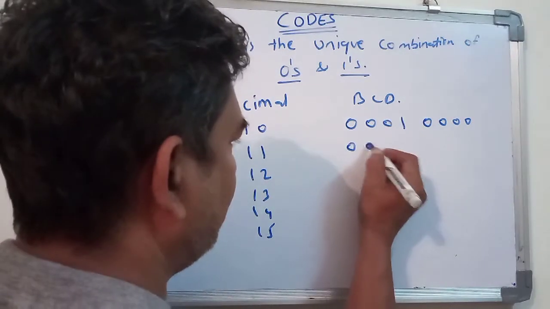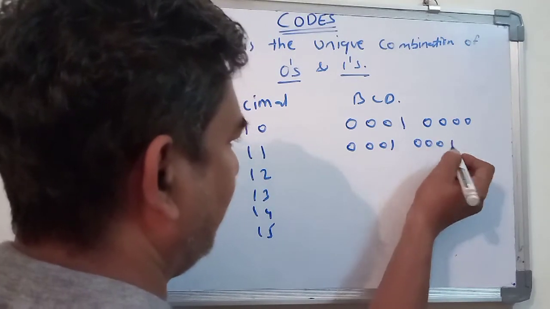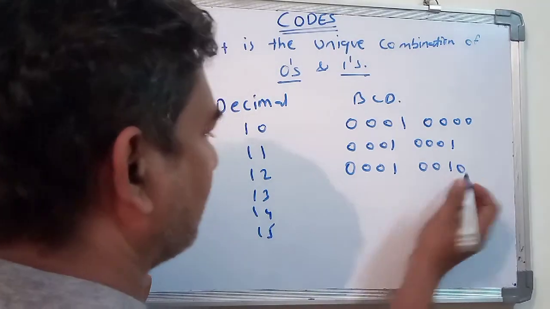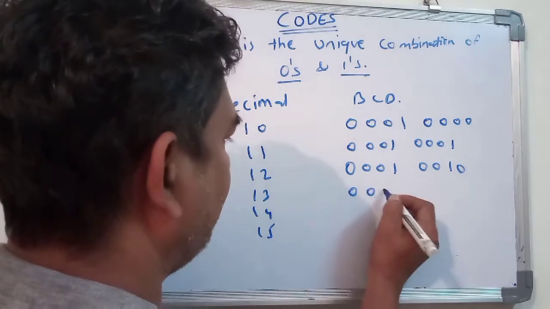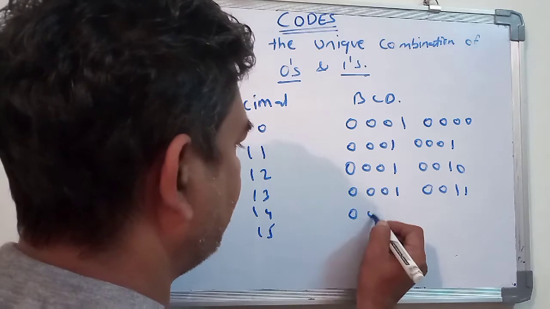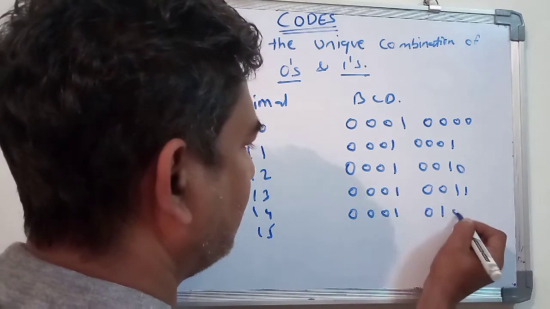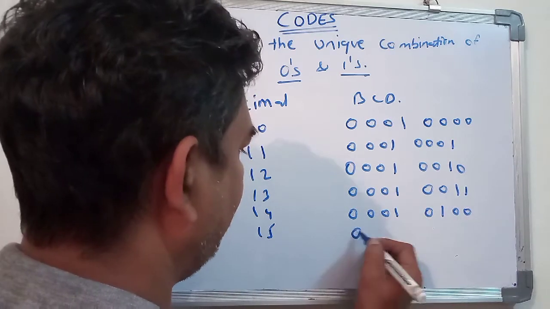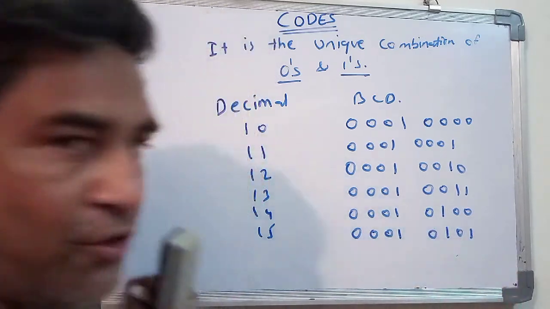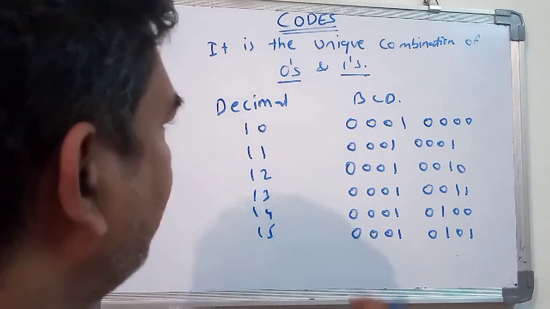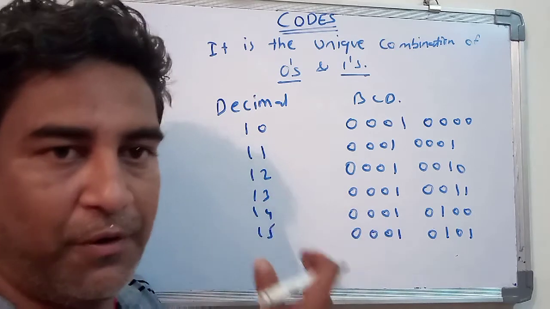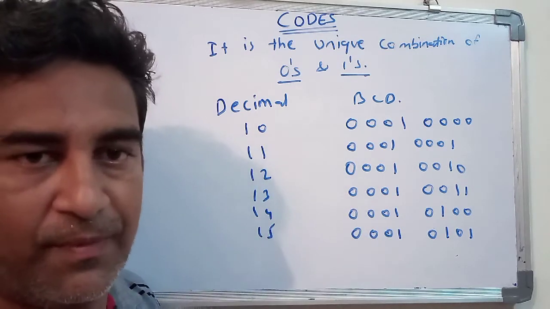Then 11 is 0 0 0 1, 0 0 0 1. 12 is 0 0 0 1, 0 0 1 0. 13 is 0 0 0 1, 0 0 1 1. 14 is 0 0 0 1, 0 1 0 0. 15 is 0 0 0 1, 0 1 0 1. So these are the conversions, or you may say this is the table you have to follow for the conversions.